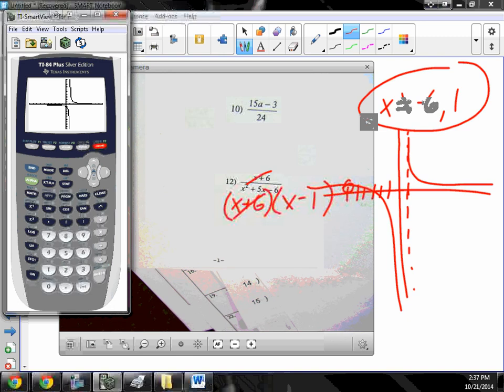And it's usually a good idea to represent your asymptotes by a vertical dotted line. Some of your calculators will draw a solid line. If you have an older calculator, it will draw the line. So just state the discontinuities and then draw the graph and make sure that the hole is there.